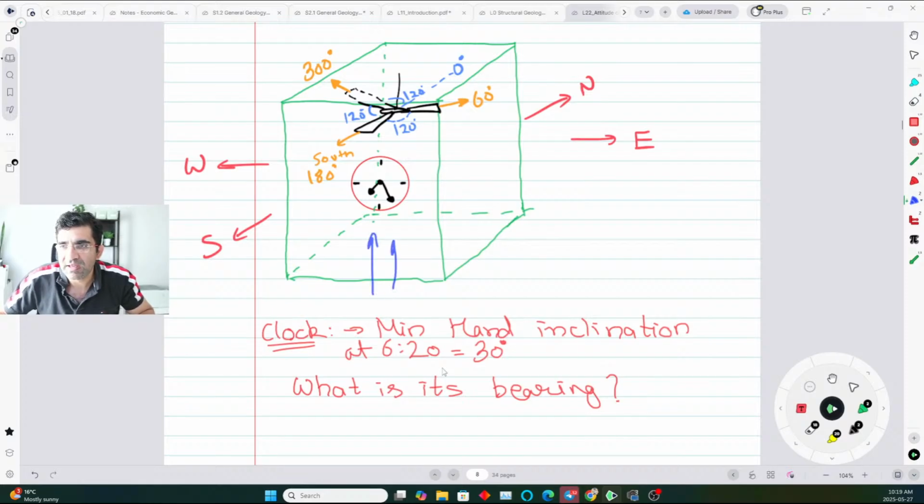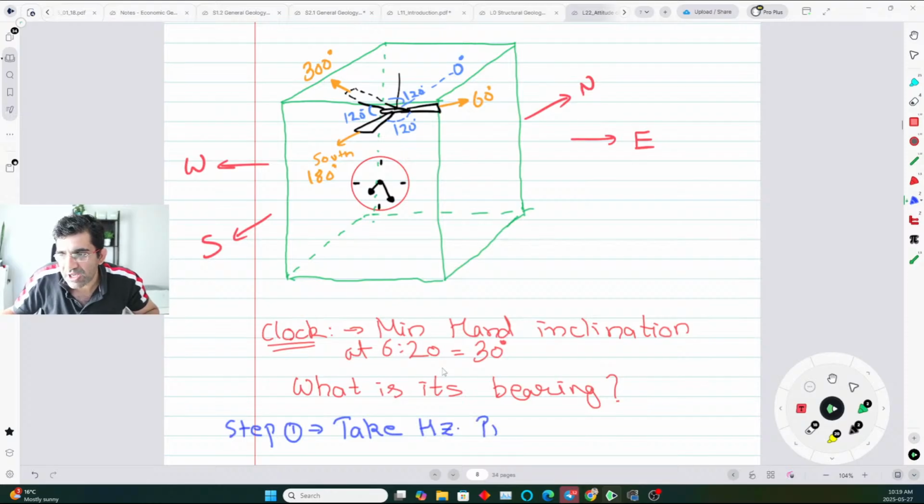Where will its shadow fall? Its projection will be like this. So you have to take the horizontal projection of that minute hand. So step number 1 is take the horizontal projection of the minute hand.